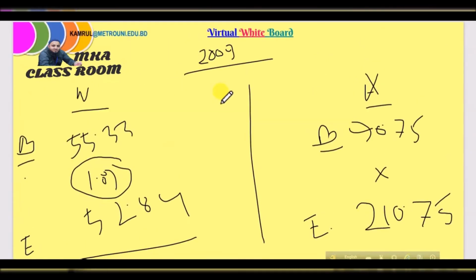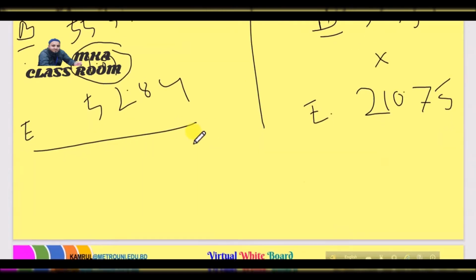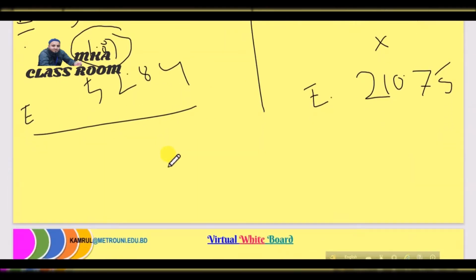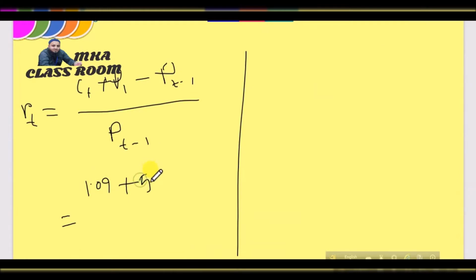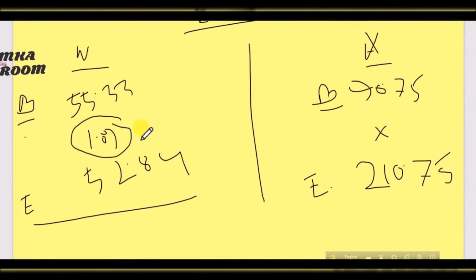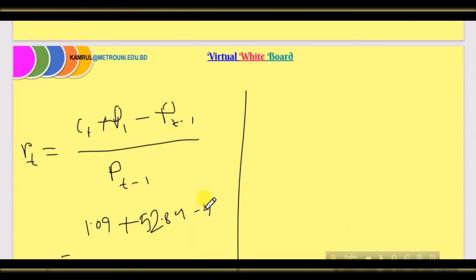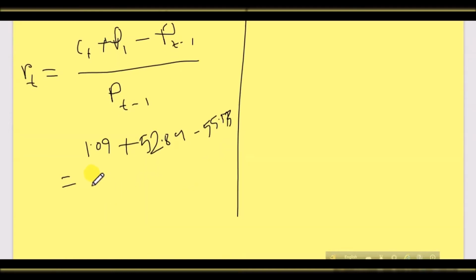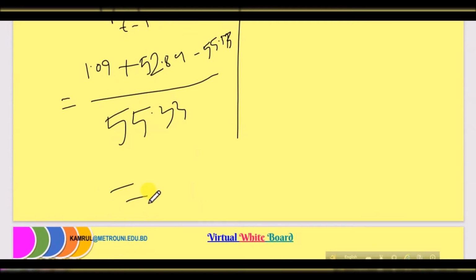The end of 2009 is the beginning of 2010, so the present price is 52.84, minus P_t-1, the previous price, 55.33, divided by 55.33.